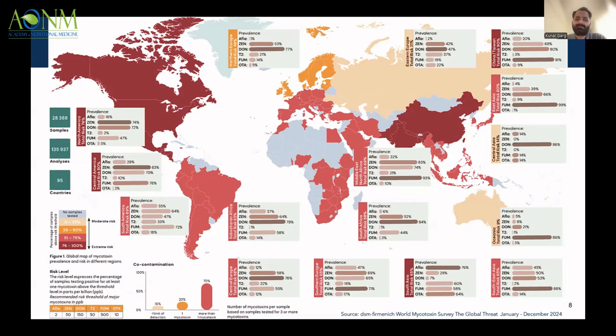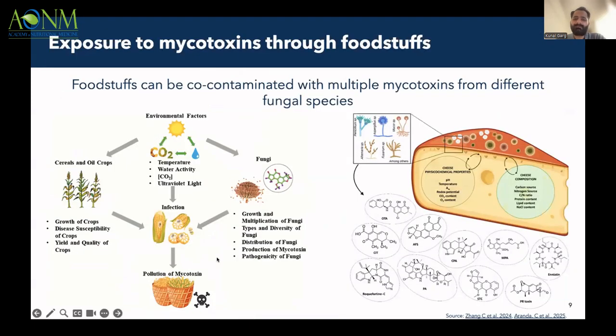A food product can be contaminated with multiple species of fungi, and each species of fungi produces multiple mycotoxins. If a particular food product is contaminated with multiple fungi, you can only imagine the number of different mycotoxins that it contains.